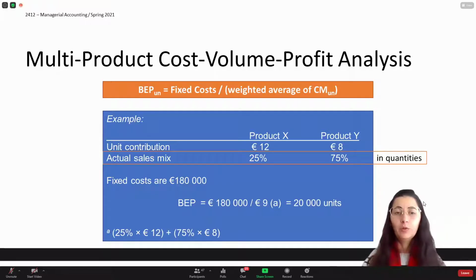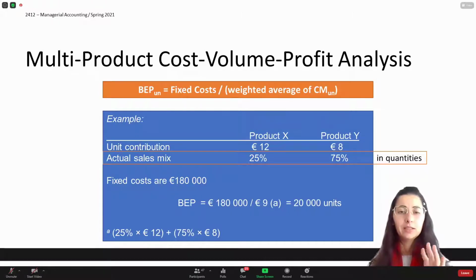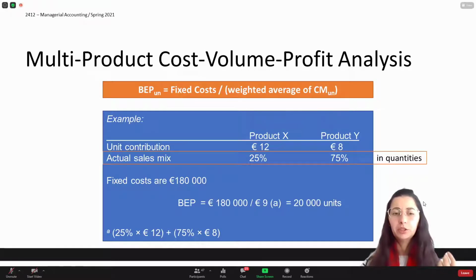So we calculate the total break-even point, but we take into account the sales mix. If we want to calculate the break-even point in units, it will be the fixed cost divided by the weighted average contribution margin per unit.